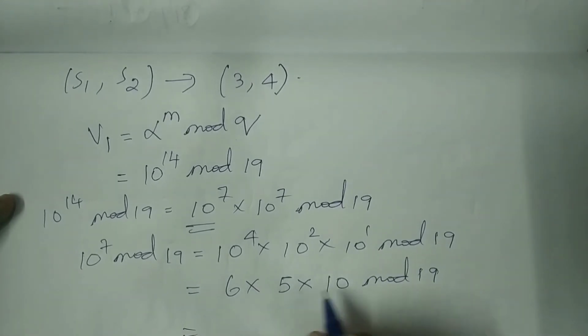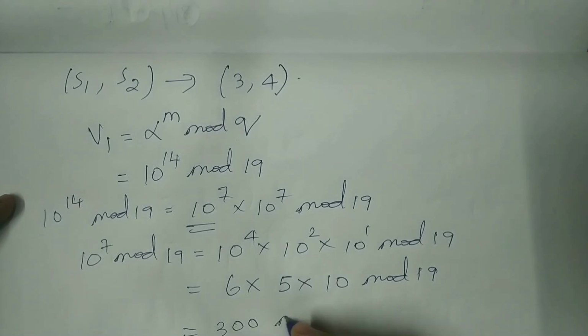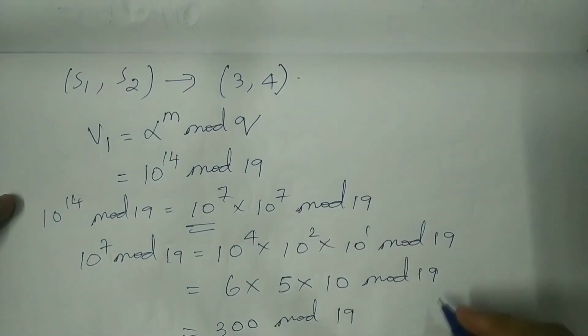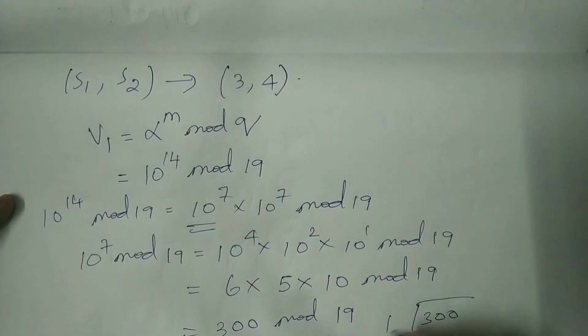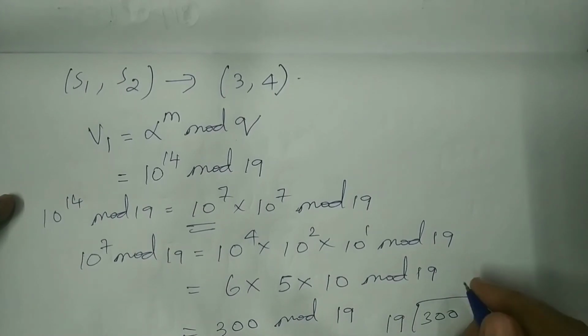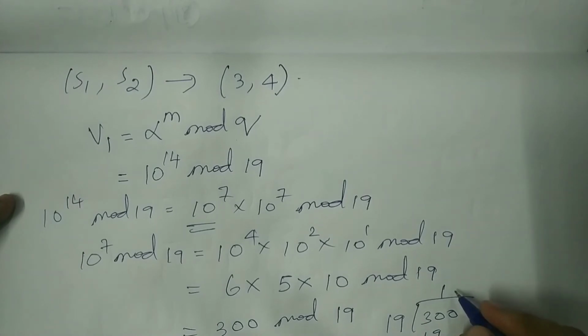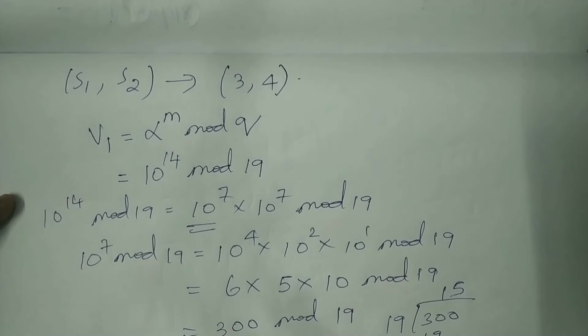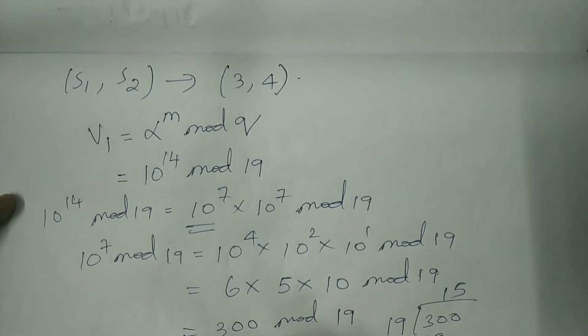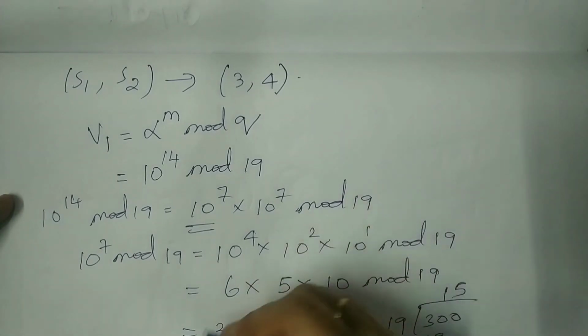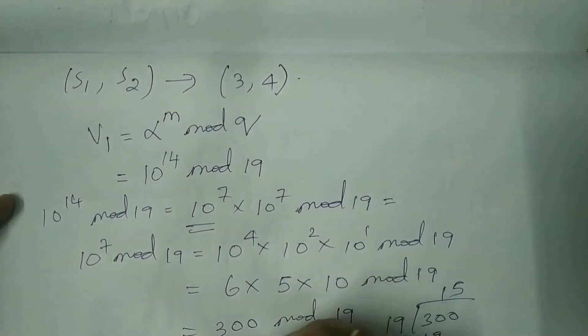So 30 into 10 is 300. So 300 mod 19. When I divide 300 by 19, it will go 15 times, so I'll get the remainder as 15. Now I can substitute this value over here.